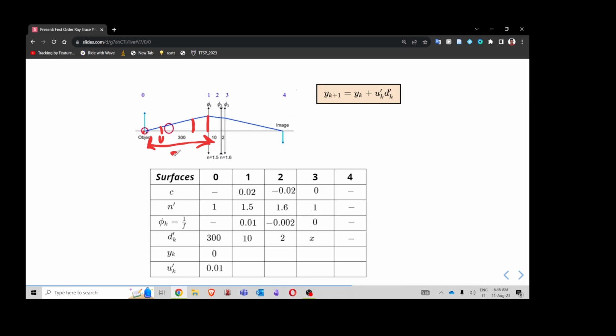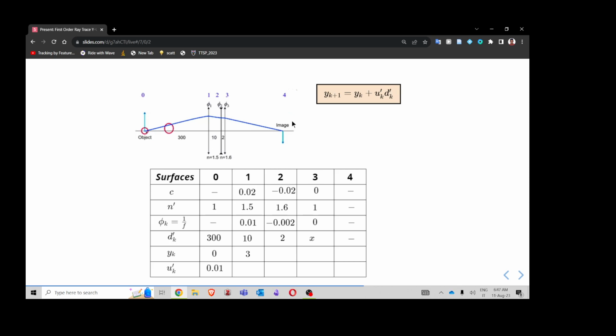So you multiply u into d, and then add the initial height. It is very simple trigonometry, and I hope it's clear how we got this formula. Now if you substitute for the first surface, the initial height plus the angle 0.01 into the distance 300, you will get 3.